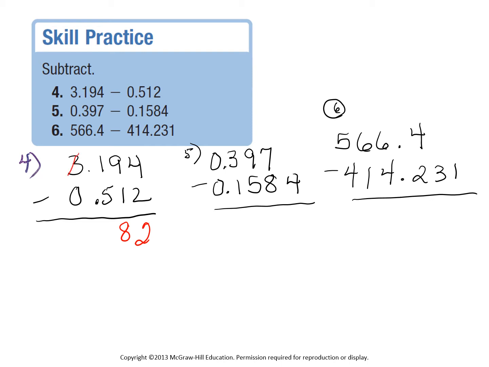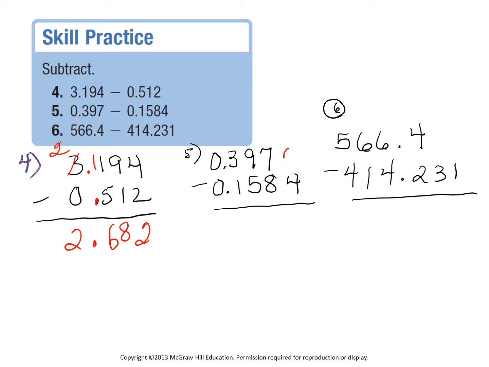I borrow 1 from the 3, making it 2, and the 1 I borrowed will make this an 11, and 11 minus 5 is 6, and I bring that decimal point right down where it is, and I'll have 2 and 682 thousandths.